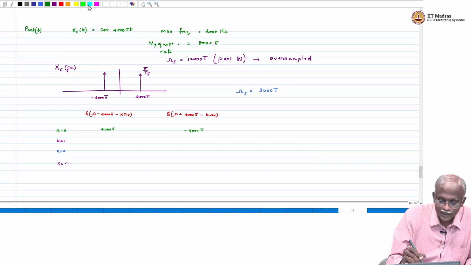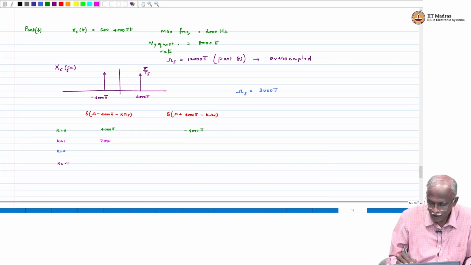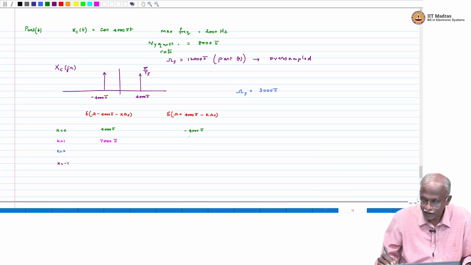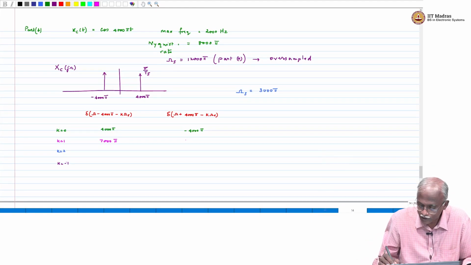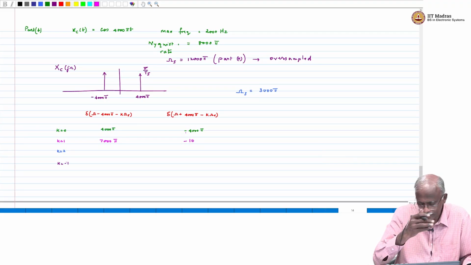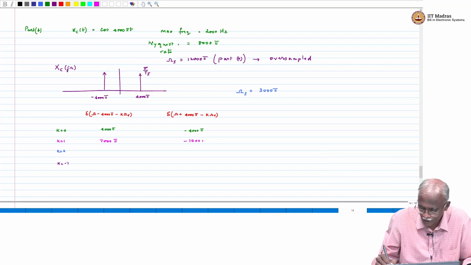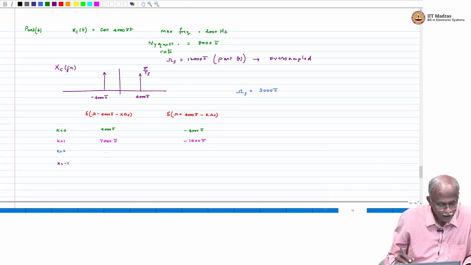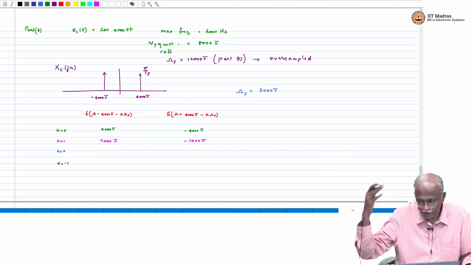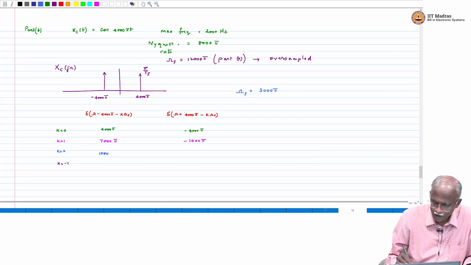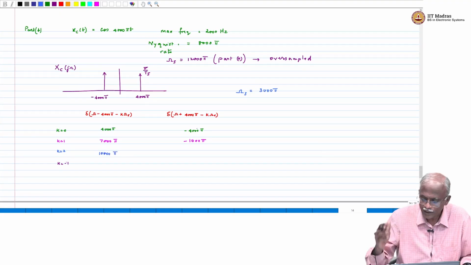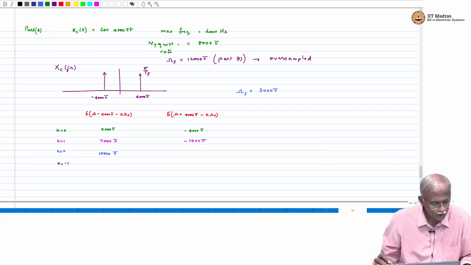This is going to come at 7000 pi, and the corresponding signal is 3000 pi minus 4000 pi, so this delta function is going to come at minus 1000 pi. Let's do k equal to 2. K equal to 2 will be centered around 6000 pi plus 4000, which comes out to be 10,000 pi. This one comes out to be 6000 minus 4000, so basically this will be 2000 pi.